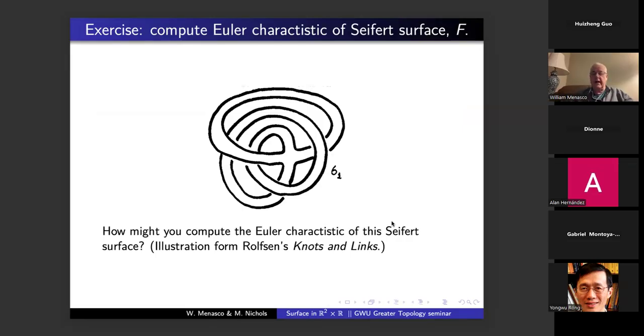This is a 6_1 knot presented here, and you see that it's positioned in a way that you can readily observe that it is the boundary of a surface. It turns out to be an oriented surface. How would any one of you go about calculating the Euler characteristic of the surface that it's the boundary of? Any ideas?